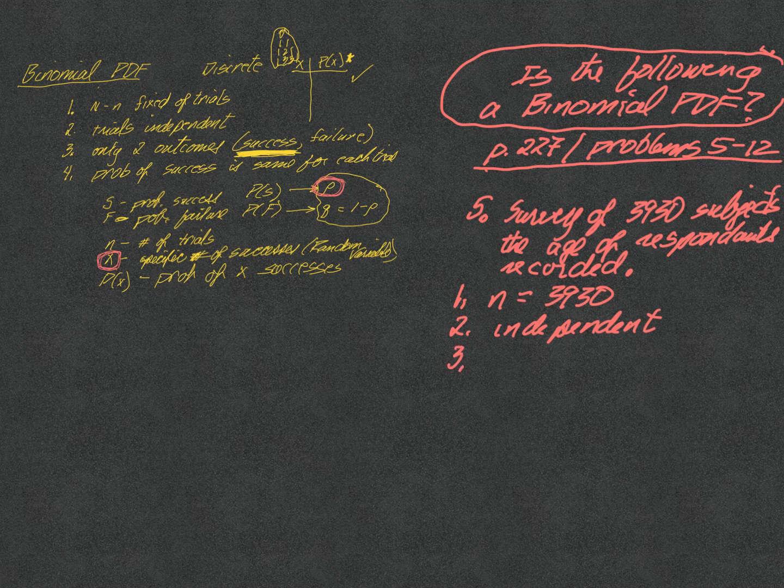But for number 3, we have an issue. There are potentially more than 2 outcomes, because they're just giving their ages. Their age could range from 0 to, what's the oldest person, 120. It could range anywhere, any of those age values.